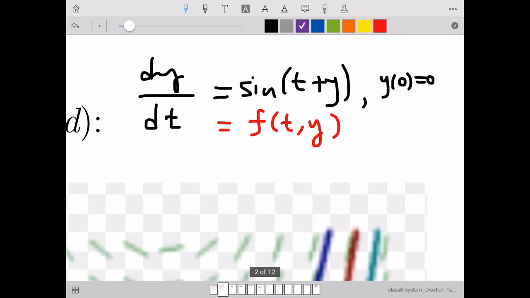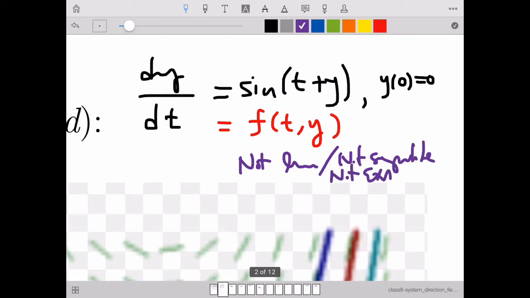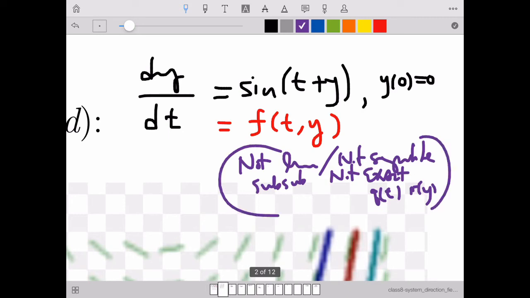Suppose it is not linear, not separable, not exact, there's no integrating factor, and the substitution doesn't work. So if all the methods that we learned fail, the last thing that we do is graph it.